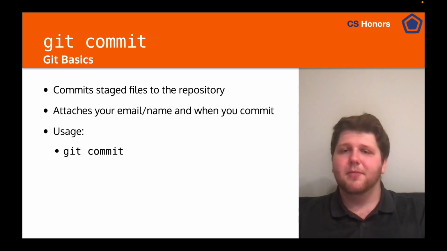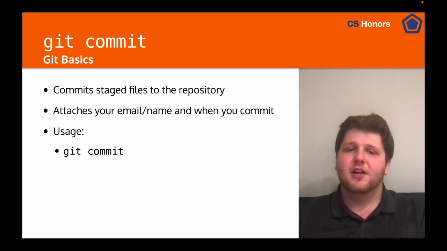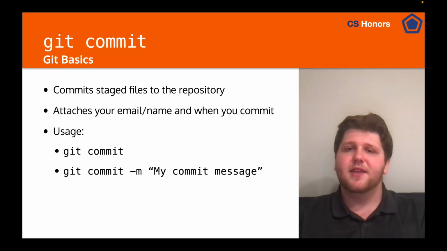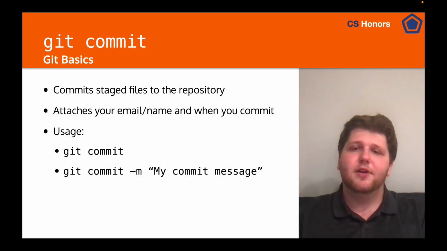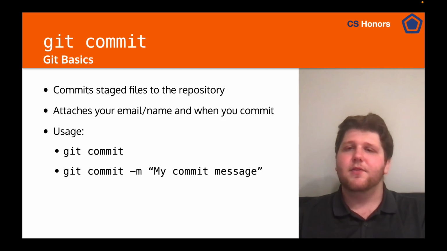Now, this can be cumbersome if you want a one-line commit message, so a lot of people will use the -m flag and put the commit message in quotations. What this does is tell Git, hey, don't open up that editor, just take what I put in quotations as the commit message, right? So if you want to make a quick commit, this is all you have to do.